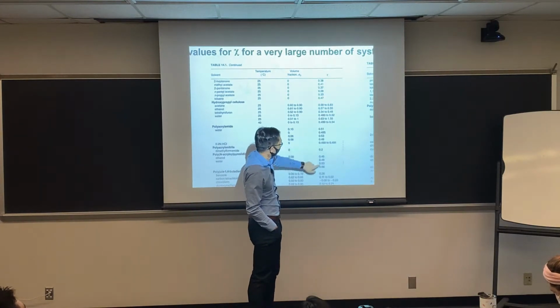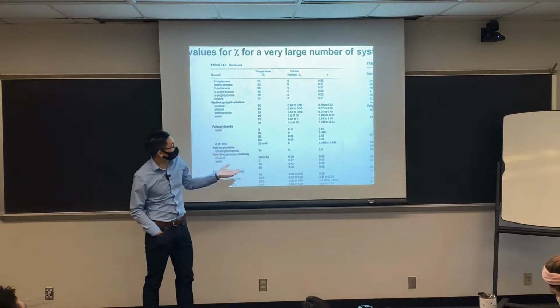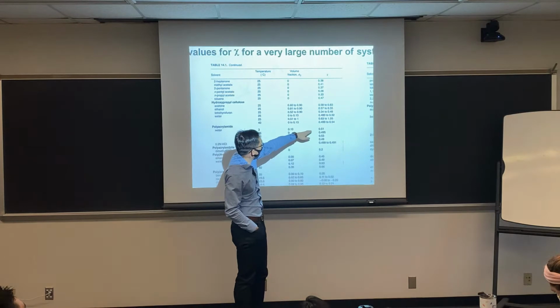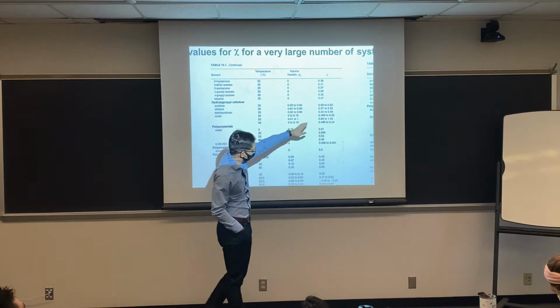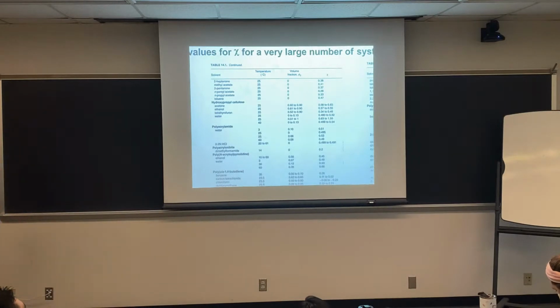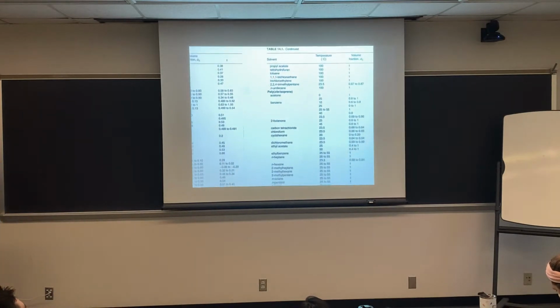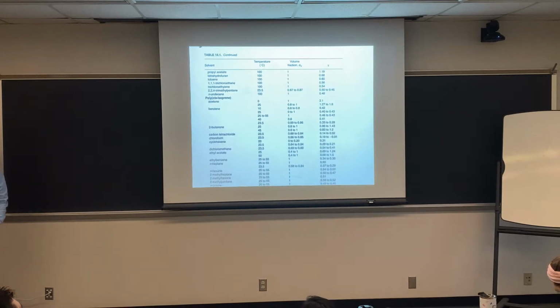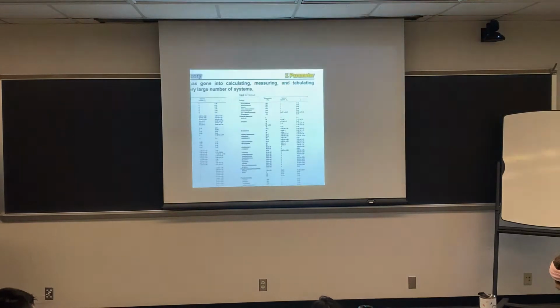You can see the chi values can be anywhere between 0 and as high as, for example in this table, 0.63, etc. So you do have different interactions with different solvents. I won't go into too much detail, but this is available in the textbooks or polymer handbooks you can look at. Okay?